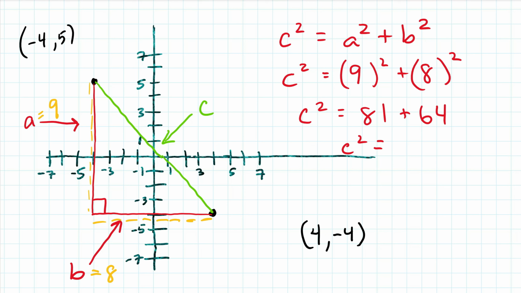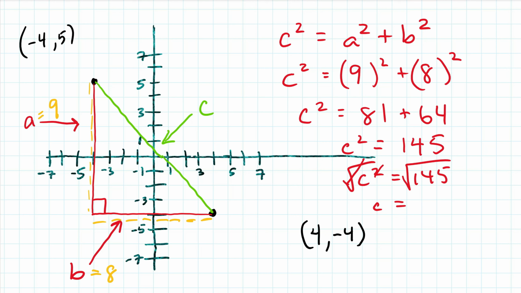Punching that in, you can get 145. And now we're just going to say C squared equals 145, and I want to show this step. The last step is to use the square root property. When you square a square root, you cancel and you're left with what's underneath and the square root of 145.